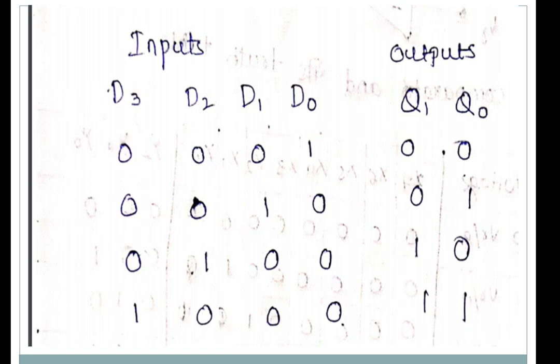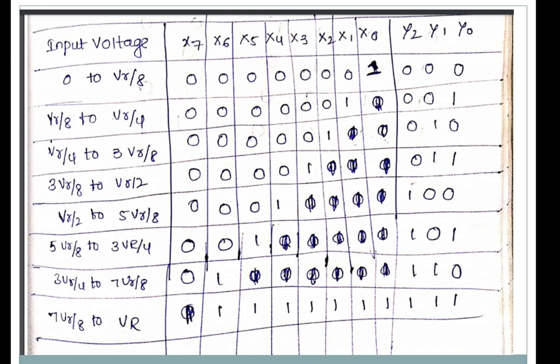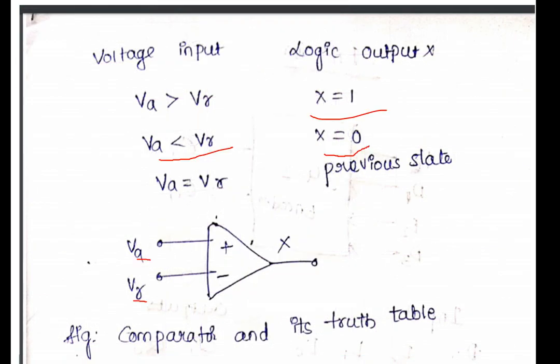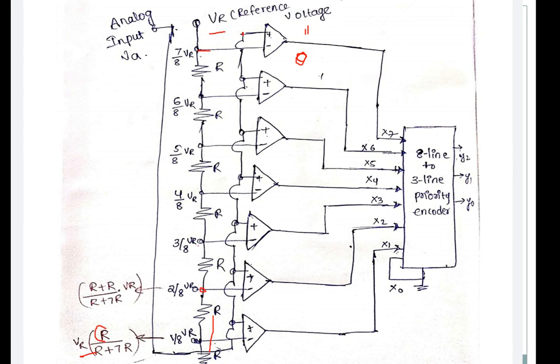Here you have to remember two things. The flash type ADC is the fastest converter. It requires 2 power n minus 1 comparators, 2 power n resistors, and a 2 power n to n priority encoder.